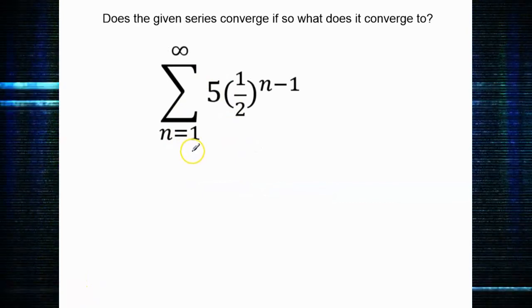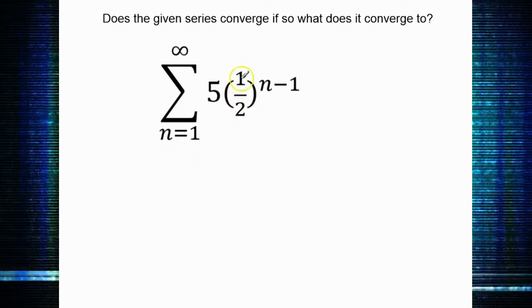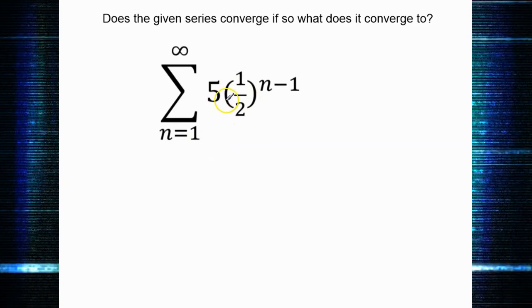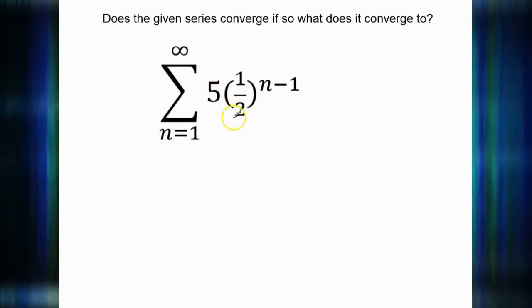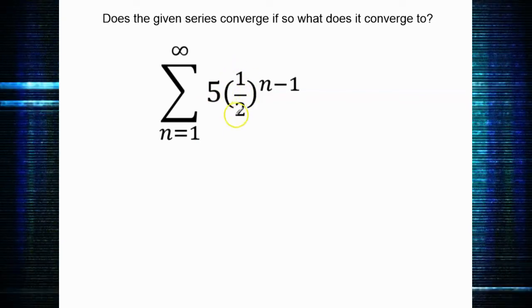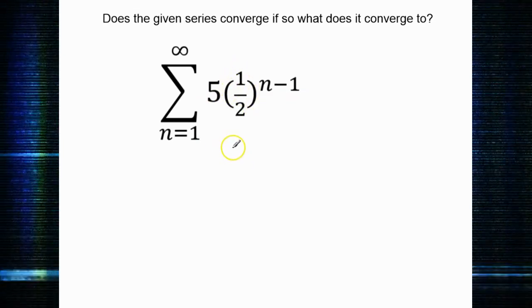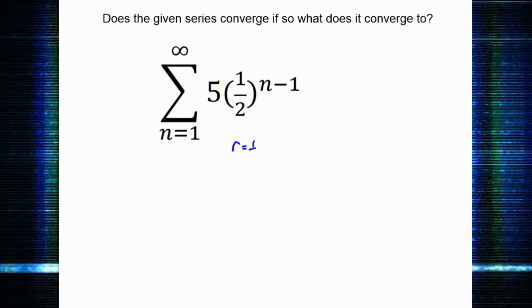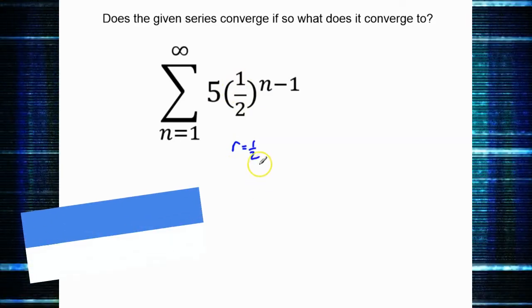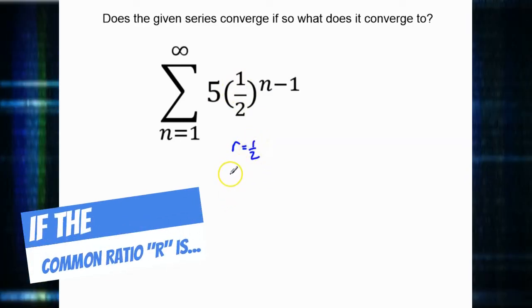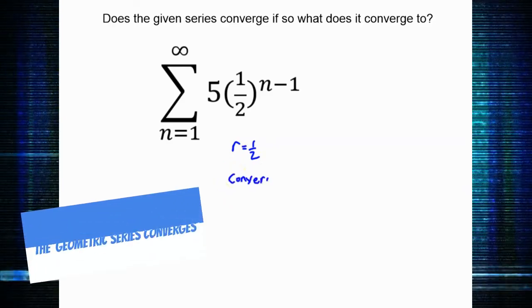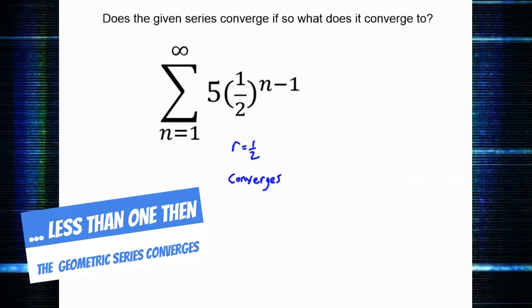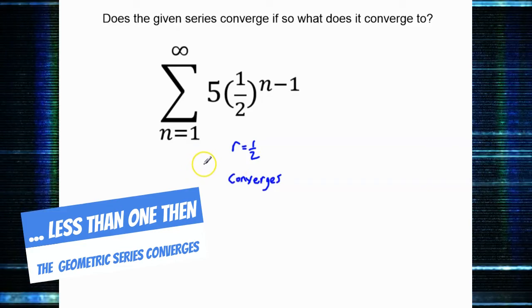So let's try this one here. Pause it and see if you can work this out. We know that this is geometric because it's only multiplication here, and we know that the R value is 1/2. As long as this number is less than 1, we know that this series will converge.